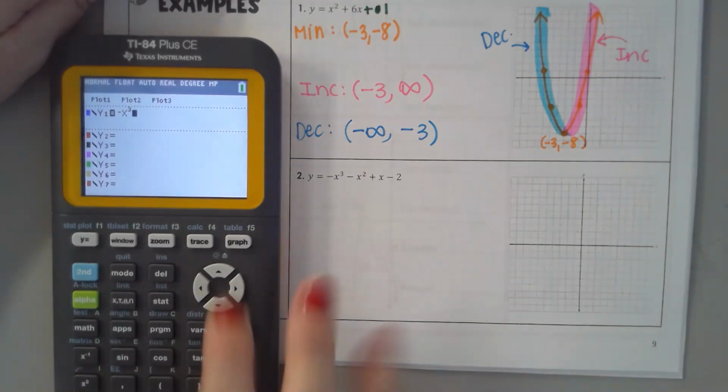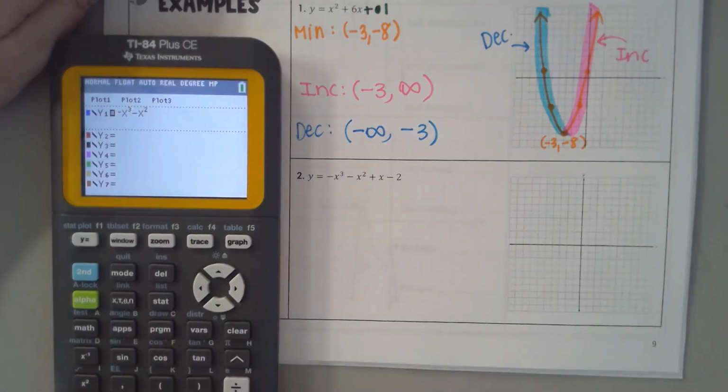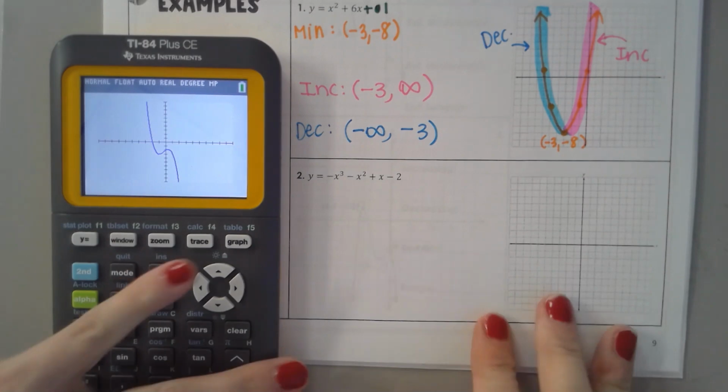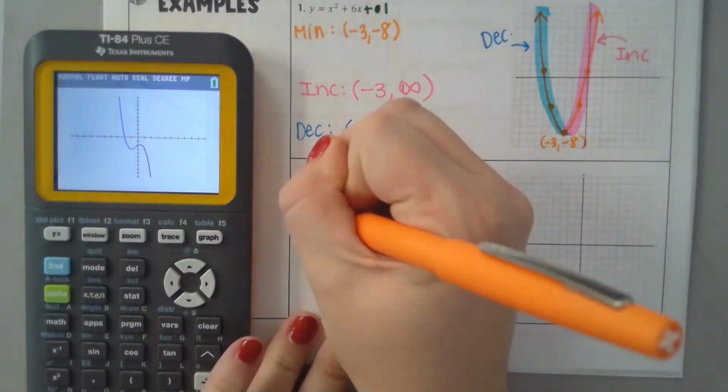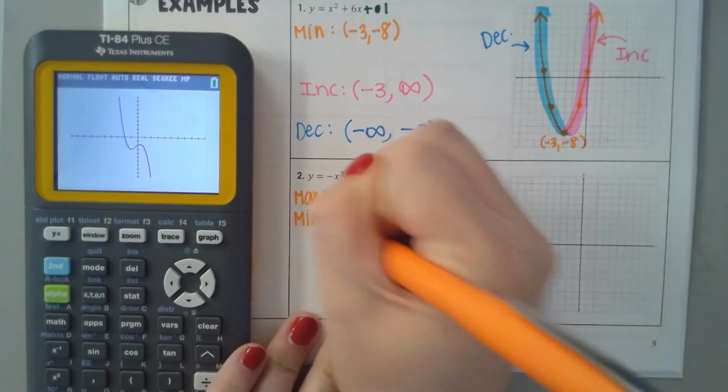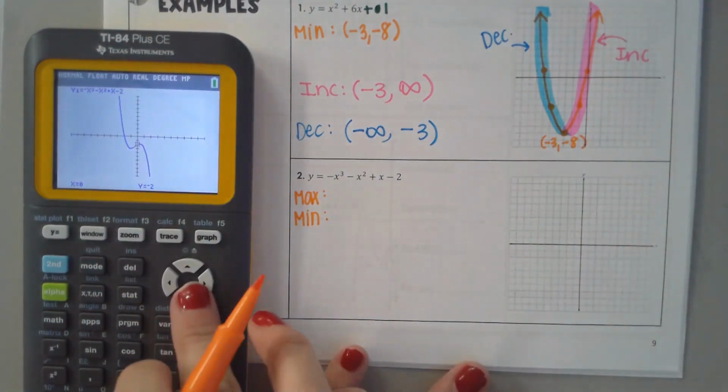-x cubed minus x squared plus x minus 2. And I go to the graph. Hit trace.